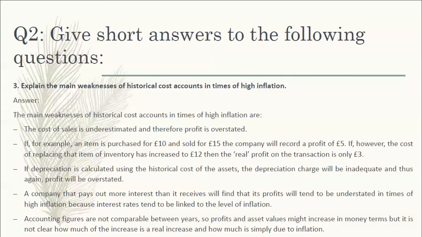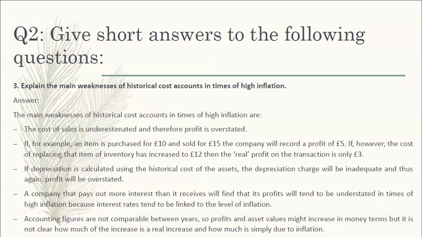So in this case, the real profit on the transaction is only 3, not £5. Third main weakness of historical costs: if depreciation is calculated using the historical cost of assets, the depreciation charge will be insufficient or inadequate. So the profit also will be overstated. So we need to take care when calculating depreciation using historical costs.